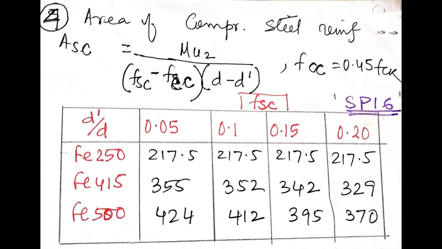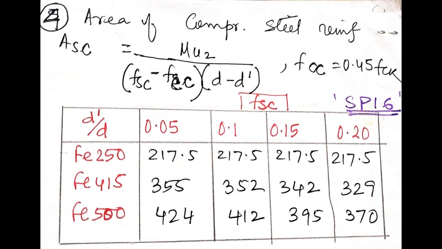For example, d dash by d is equal to 0.20 and we are using Fe250, the value of fsc will be 217.5. But if the value is coming as 0.08, it falls between 0.05 and 0.1, so we have to interpolate and find the value of fsc in that case.